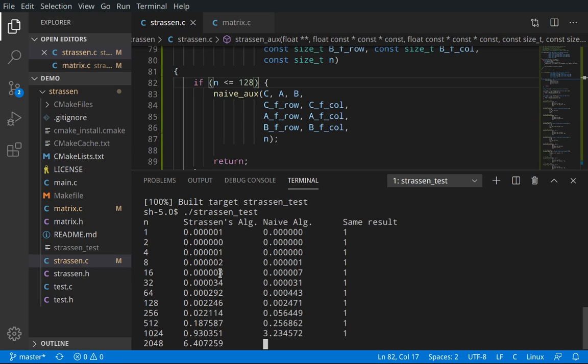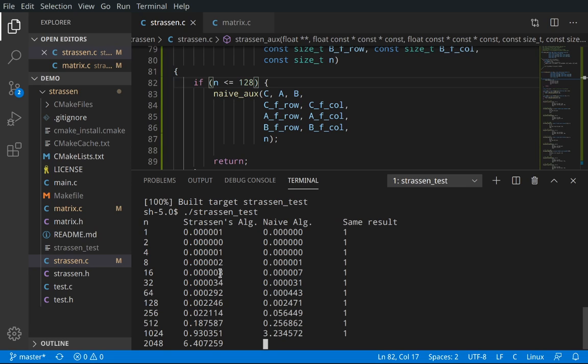So right now we have an implementation of the Strassen algorithm which is better than the naive algorithm for matrices whose size is greater than 128. And I left you as homework to generalize the Strassen algorithm to matrices whose size is different from a power of 2 and to matrices which are not square matrices.